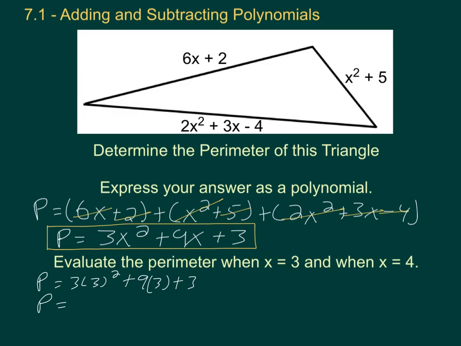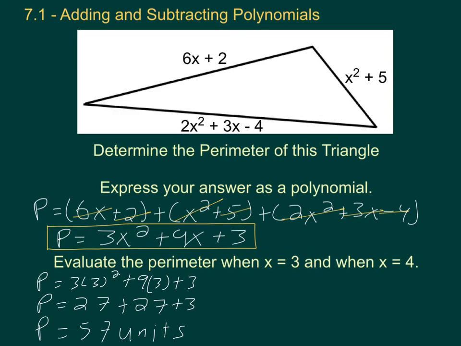Good to go. 27 plus 9 times 3 is also 27, plus 3. And, of course, that equals 27 plus 27 is 54, plus 3 is 57 units. And there we have it.